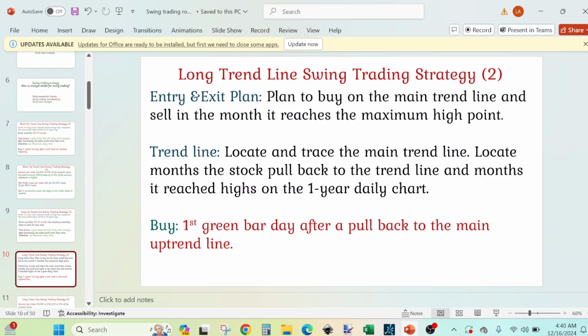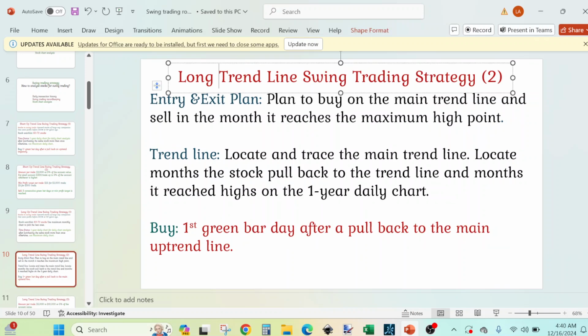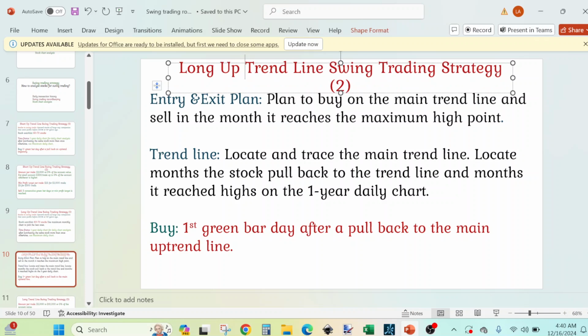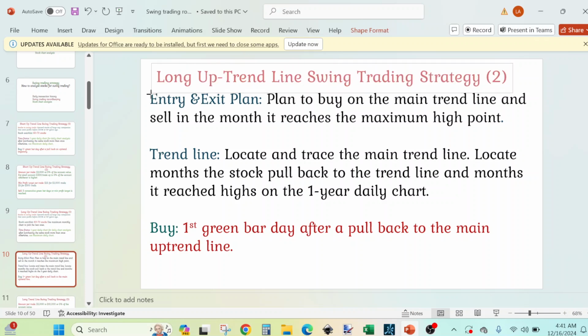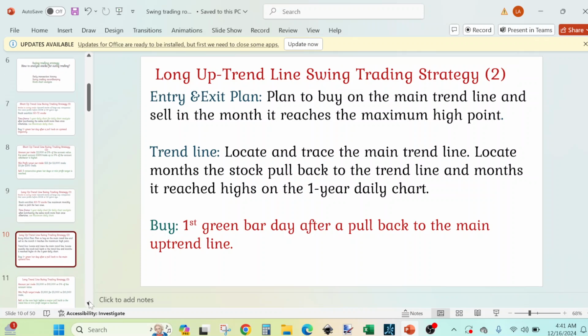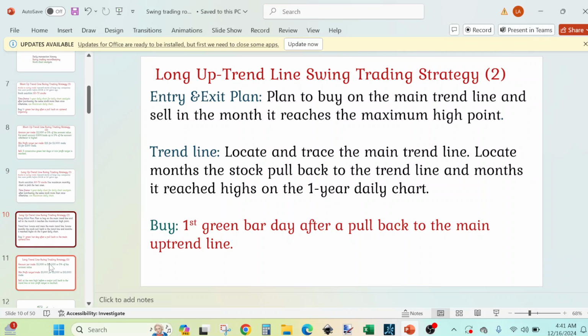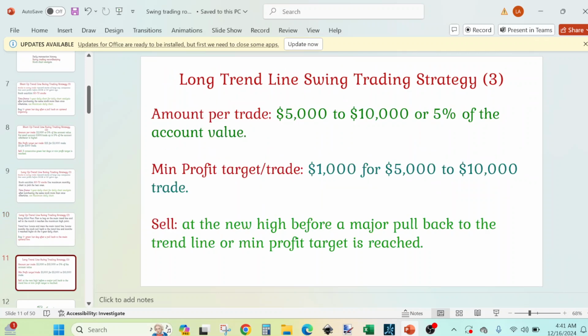That is the difference between the short-term trend line and the long-term one. The trend line we are buying on is longer for the long-term trend line, and therefore we aim for higher profits, which means we might hold the stocks in our portfolio longer.